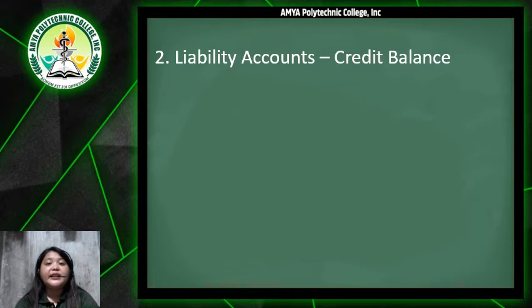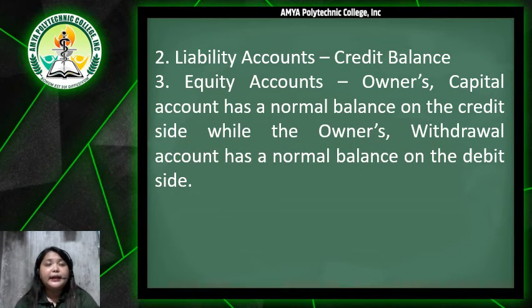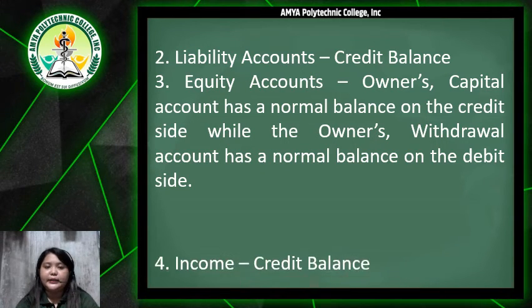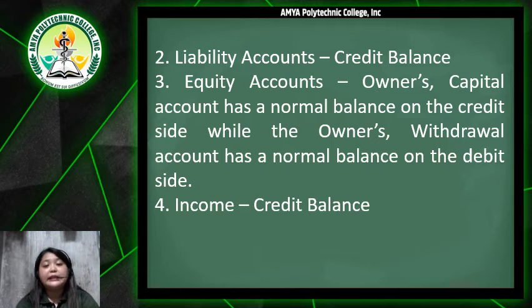Second, we have the liability accounts. Liability accounts are those with a credit balance. Then for equity accounts, the owner's capital account has a normal balance on the credit side, while the owner's withdrawal account has a normal balance on the debit side. Fourth, we have income. Income is under credit balance also.